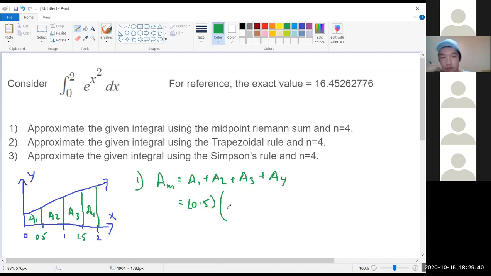So for midpoint Riemann sum, what's your first x value that we're plugging into the equation? If we let f of x equal e to the x squared, yeah, 0.25, because that is the midpoint of the first interval. So I'll write it like this: f of 0.25 plus f of, what's the next one?